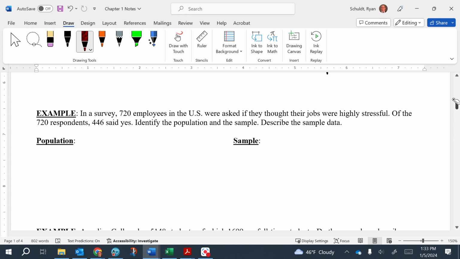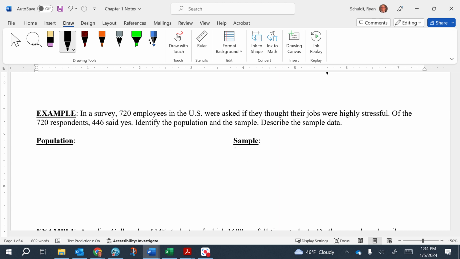Okay, so what would our population be? The population is everybody that we're interested in getting data from. So let's keep that in mind. Would the 720 be a population? That's actually our sample.